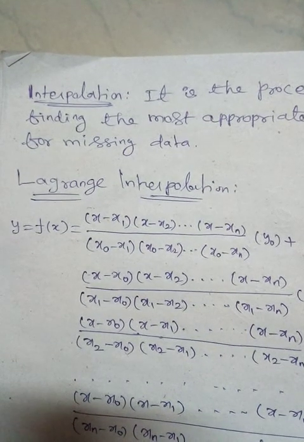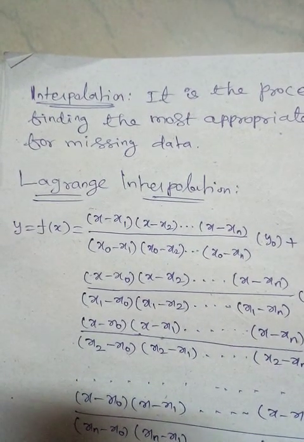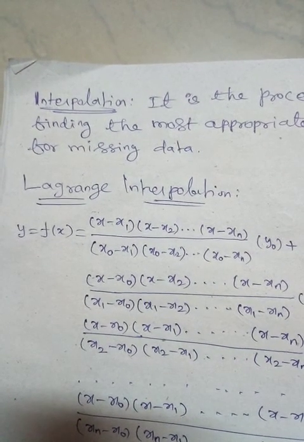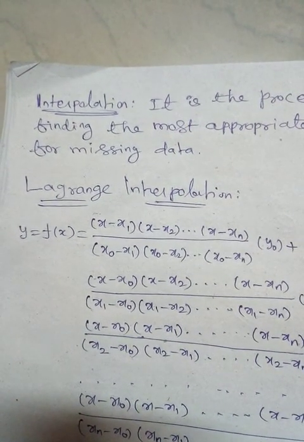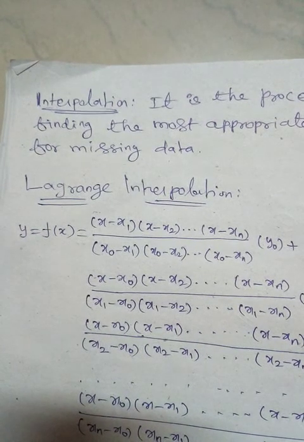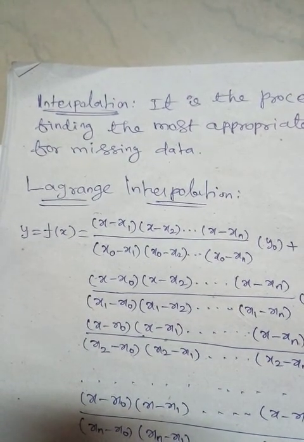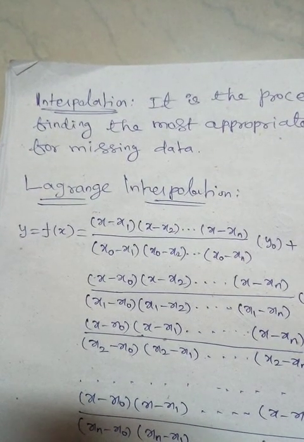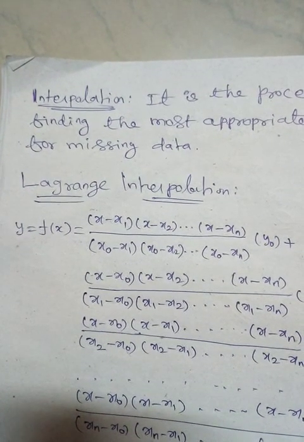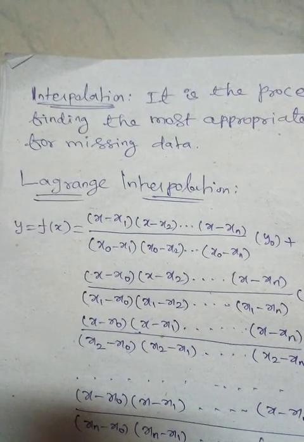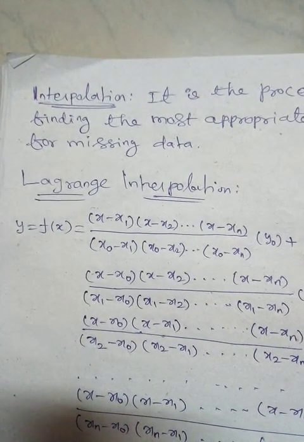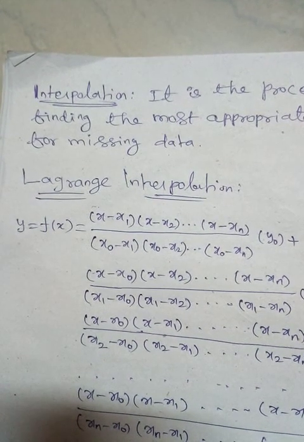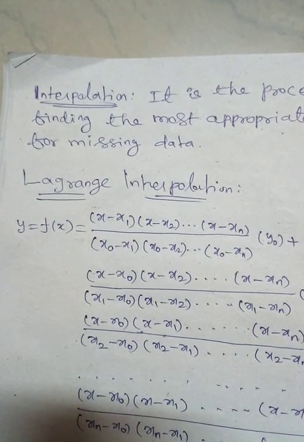So here there are so many methods available. The very first method is Lagrange's interpolation method. When we are going to apply Lagrange's interpolation method, suppose we are given x values 0, 1, 2, 3, 4, 5. See all the x values, x0, x1, x2, x3, x4, x5, with x1 minus x0, x2 minus x1, x3 minus x2.